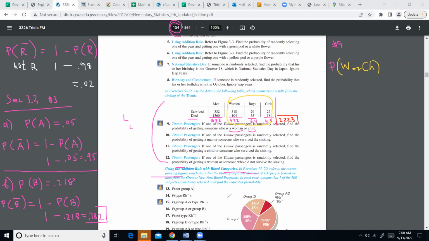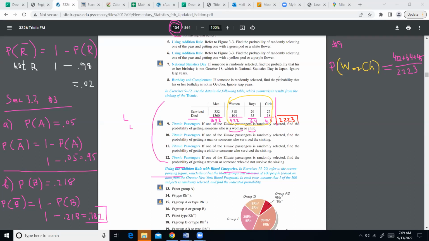So it looks like we have out of grand total 2223, how many women, children were all together? So it looks like I need to put this 422 women together with 64 boys and also with 45 girls. So we got this 45 added all together.